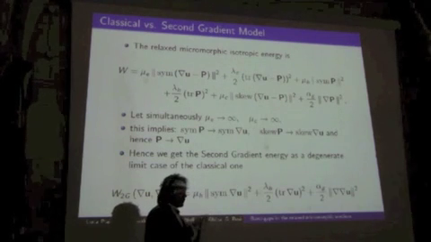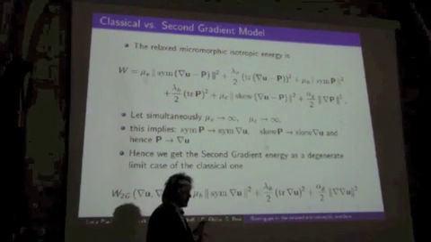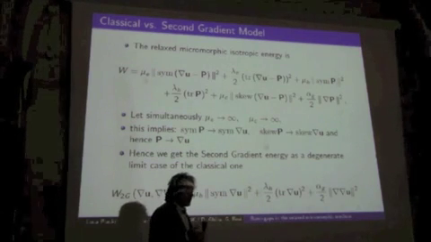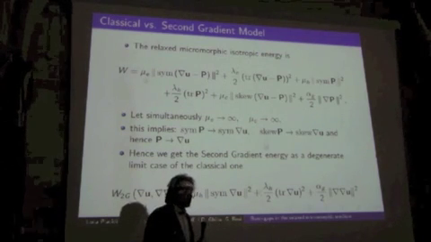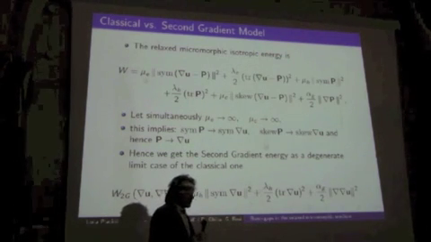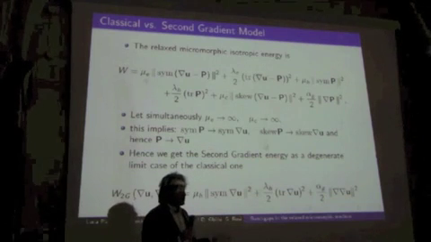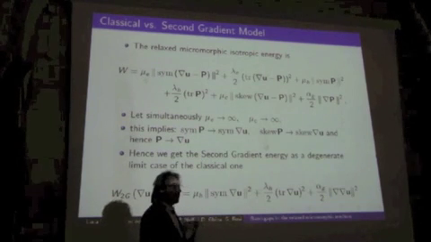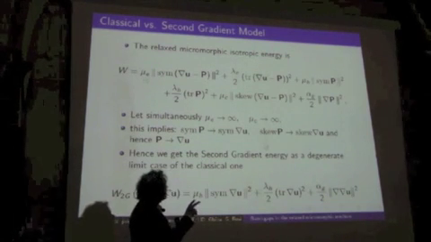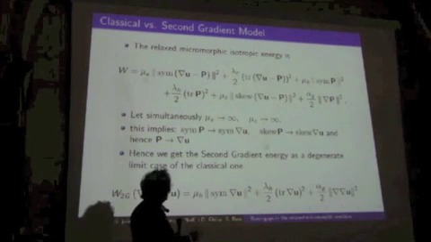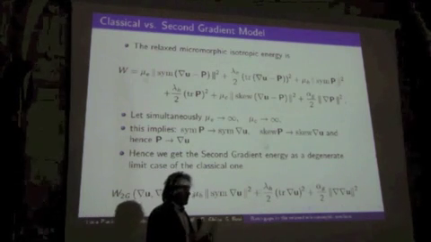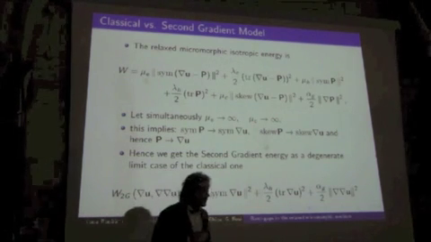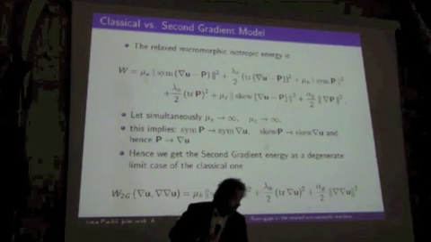So now if you take the relaxed micromorphic energy and simultaneously take a very high value of mu e and mu c, you see that the symmetric part and the skew-symmetric part of the gradient of u and of P will be equal, and we have a second gradient energy as a degenerate limit case of the classical one.